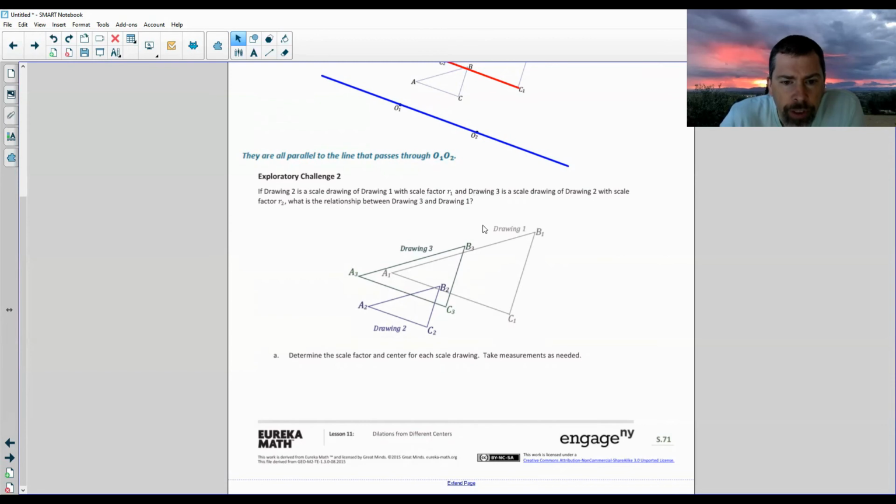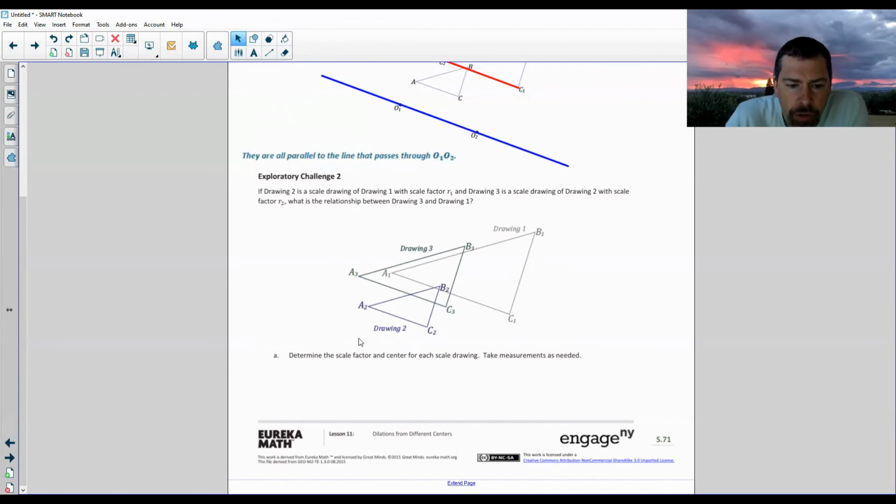And drawing 3, this one here, A sub 3, B sub 3, C sub 3, is a scale drawing of drawing 2, of scale factor R sub 2. So the original drawing is the big one, scaled down to this, and then scaled up to this. What is the relationship between drawing 3 and the original drawing?